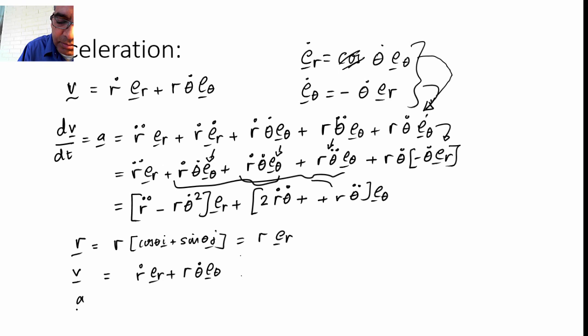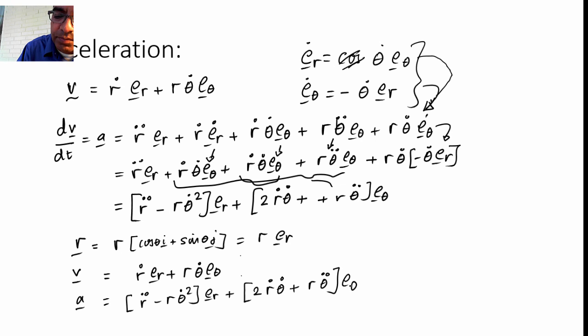Acceleration is r double dot minus r theta dot squared, e_r, plus 2 r dot theta dot plus r theta double dot, e theta.